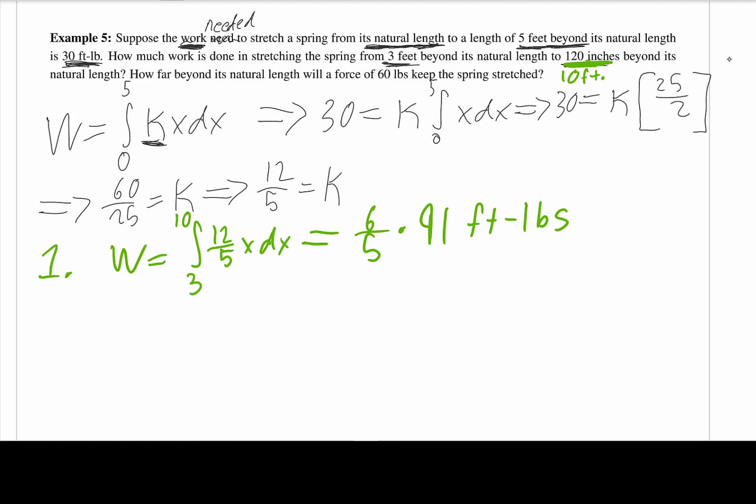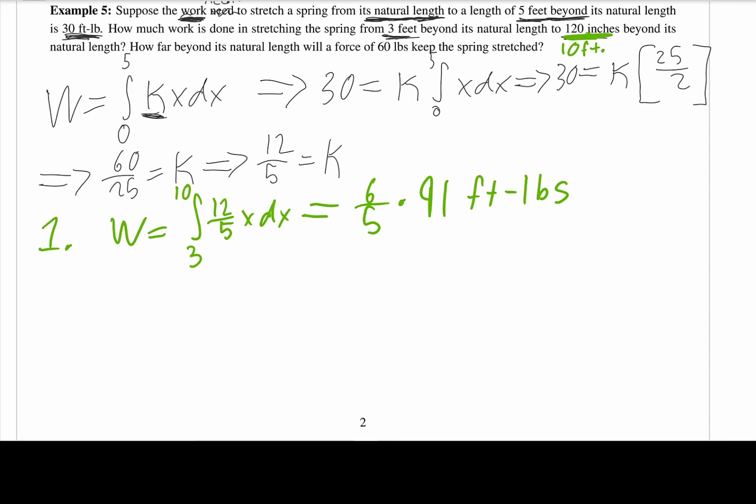Okay, then it says, how far beyond its natural length will a force of 60 pounds keep the spring stretched? To do this, let's call this number 2. This is this beautiful maroon color that everybody asked for.